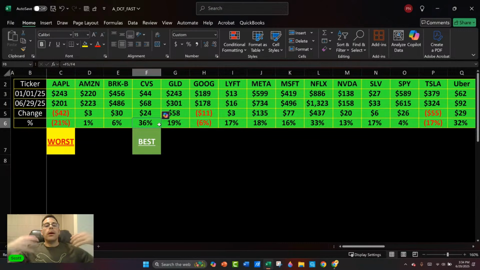So yeah, Apple down 21%. It's not surprising because I don't think Apple has been growing nearly as well as other companies. I don't think they have as much growth potential as these AI companies. Like Microsoft, I consider an AI company. Meta is an AI company.